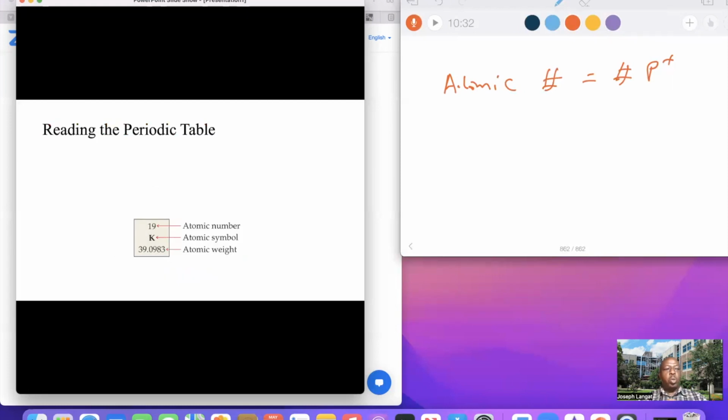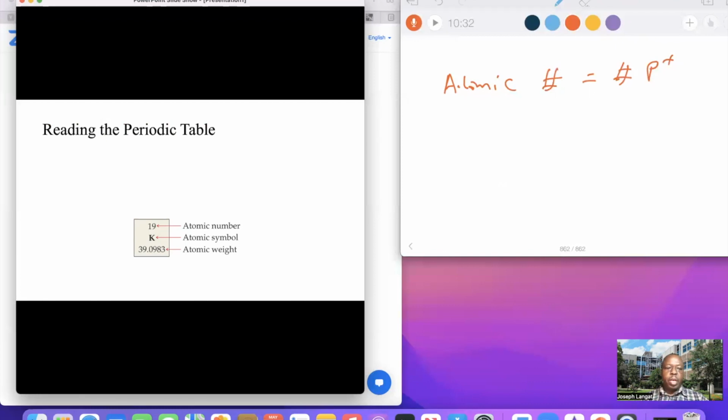Let's see how to read the periodic table. The number above the chemical symbol or atomic symbol is called the atomic number, which is the same as the number of protons in the nucleus of that element. This is the atomic weight. It is given. You don't need to memorize atomic masses. I'll give you the periodic table in the exam.